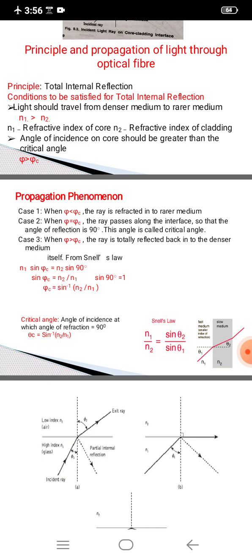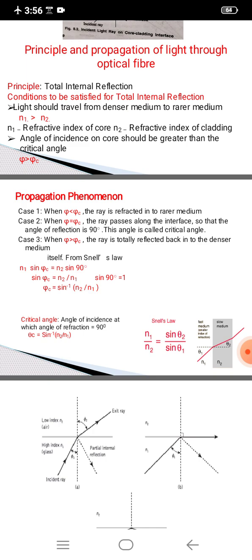Then let's go for the second case, when phi equals phi c, when the ray passes along the interface. When phi equals phi c, the light ray will pass through the interface of core and cladding. During this condition, the angle of refraction is 90 degrees. This angle of incidence is called the critical angle.